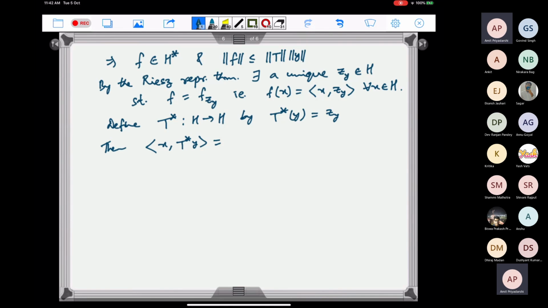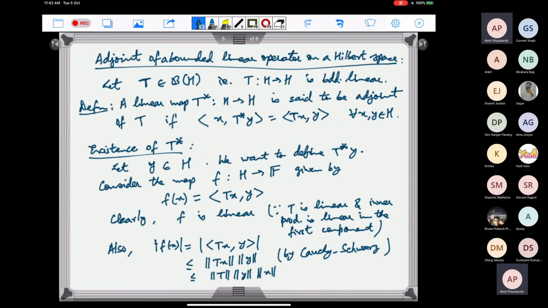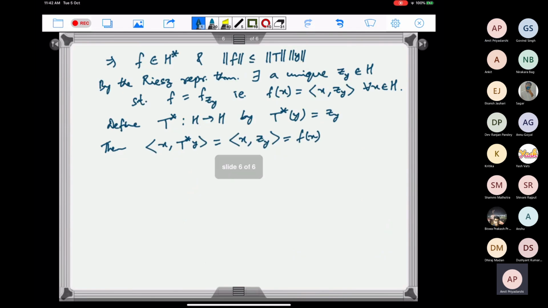This is equal to x inner product with z sub y, and this is defined as f of x. And f of x is Tx inner product with y. So this satisfies x inner product with T star y is equal to Tx inner product with y. This is true for every x in H and y in H.